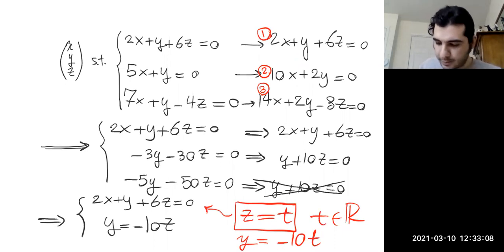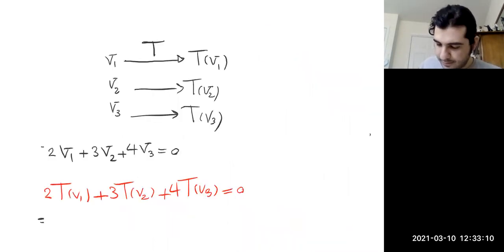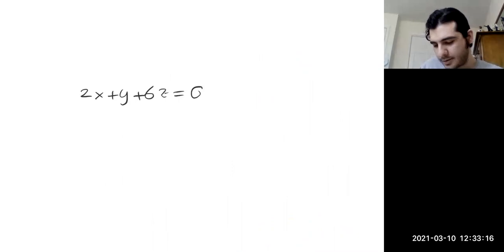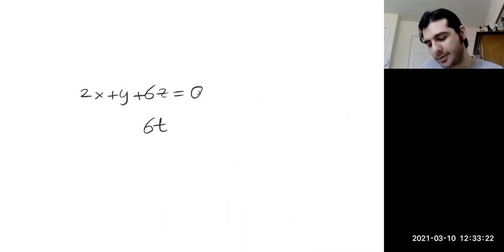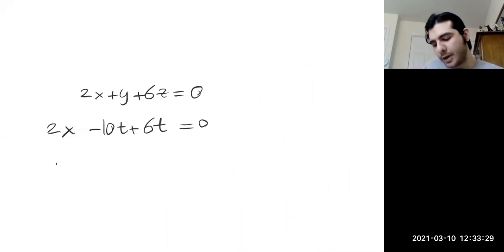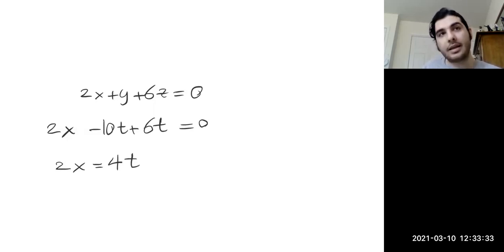The first equation is 2x plus y plus 6z equal to 0. So z is t, just a variable parameter t, which can change. y is minus 10t, and I'm looking for x. So 2x is equal to 4t, and therefore x is equal to 2t.